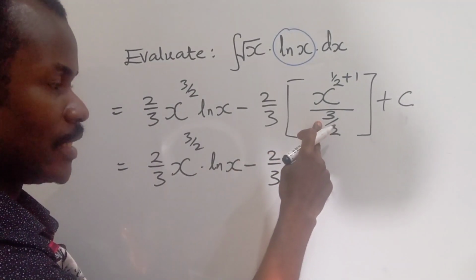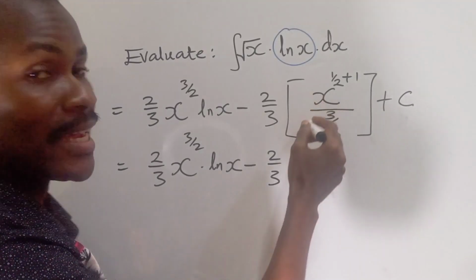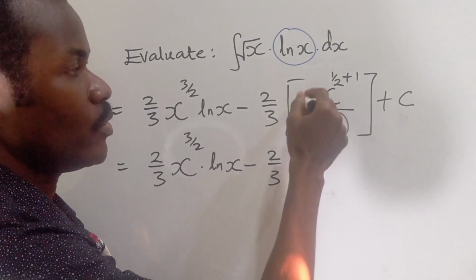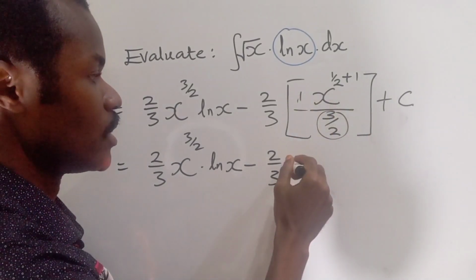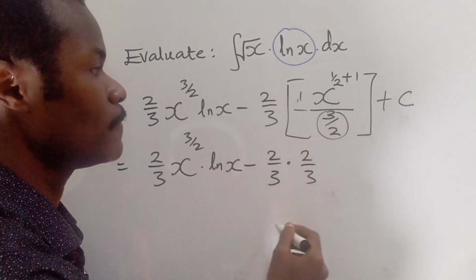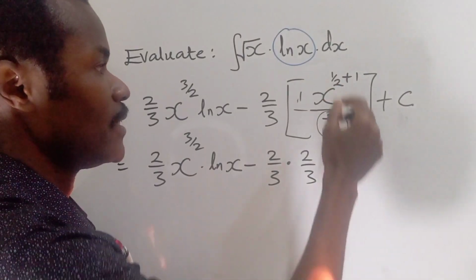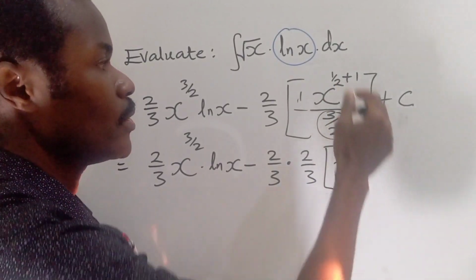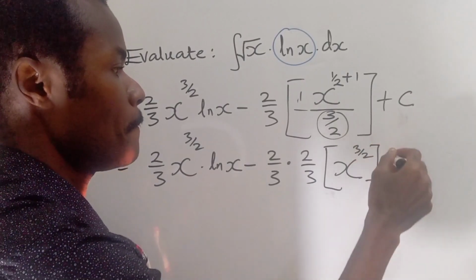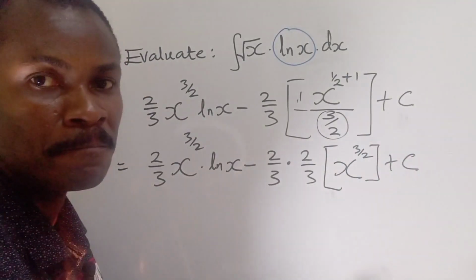Now this is like having the reciprocal: dividing by 3 over 2 is the same as multiplying by 2 over 3. Then we have x to the power of 3 over 2 plus c.